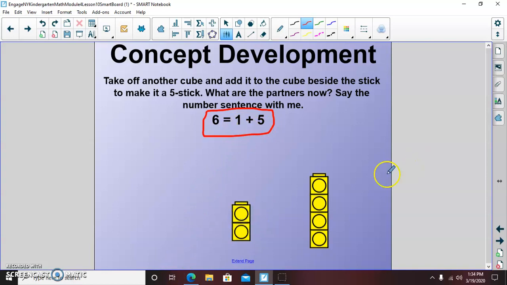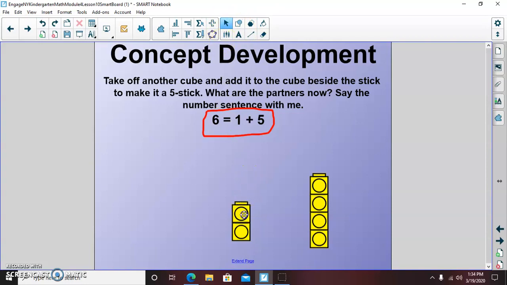So let's count both of our parts. 1, 2. And then we have 1, 2, 3, 4. So we know 4 and 2 equal 6. So our whole is right. But I don't see a 2 and a 4 there.